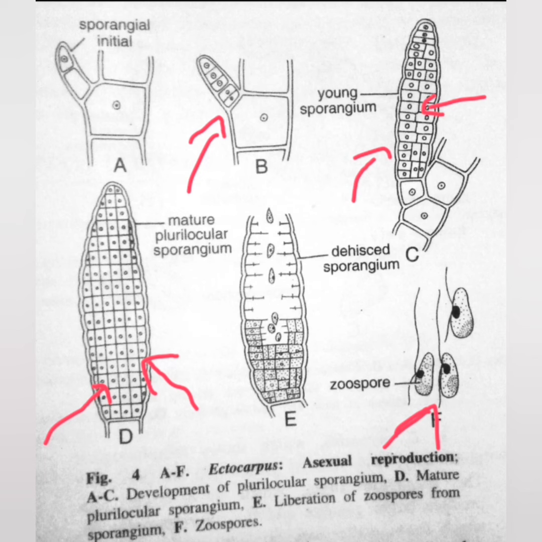But the only difference between the zoospores produced by unilocular and plurilocular sporangia is that in unilocular, we have already studied that the zoospores are haploid. They will form the haploid filaments, whereas here in plurilocular sporangia they are diploid. So diploid zoospores are formed in the plurilocular sporangium. So just remember that is the difference.